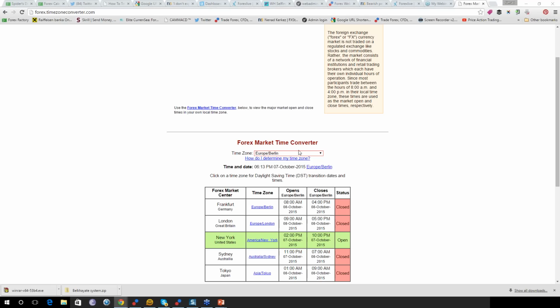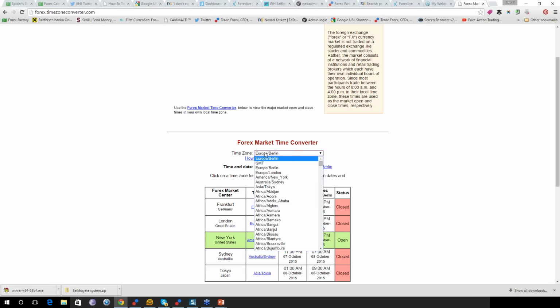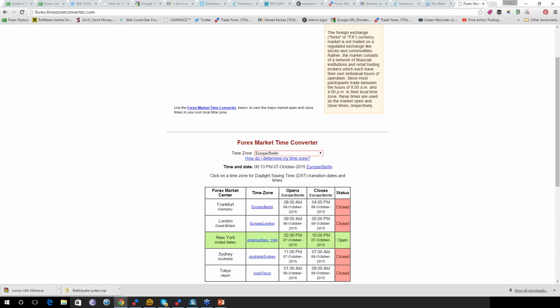Now, when you see this, you need to enter your time zone. You know what your time zone is, but let's say that my time zone is Euro Berlin. You will know, because if you compare the time on your computer to this time, it should be the same. That will determine your time zone.